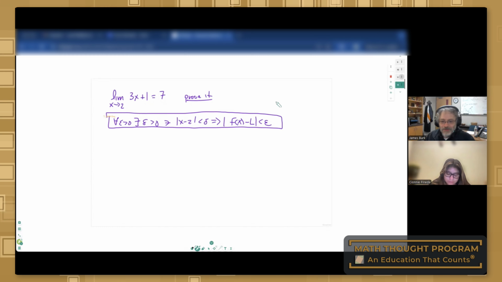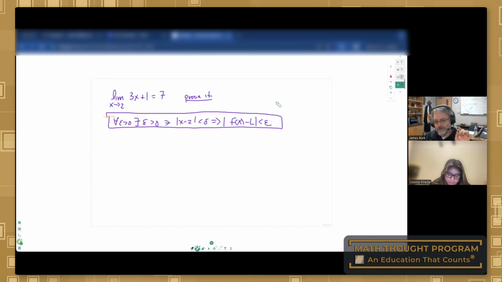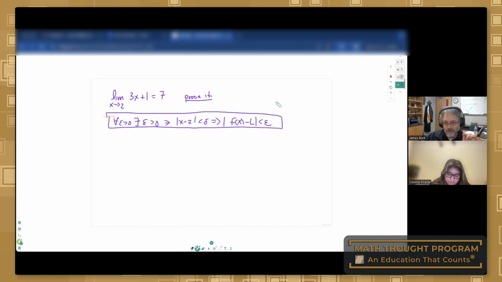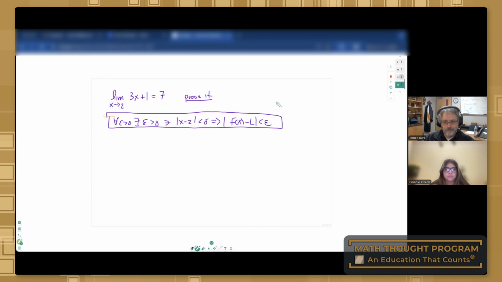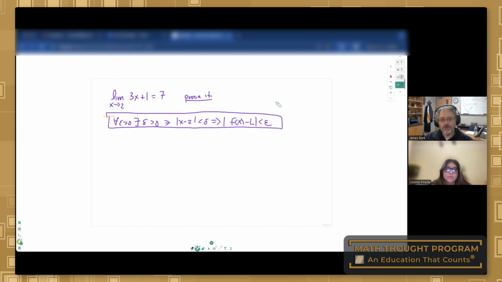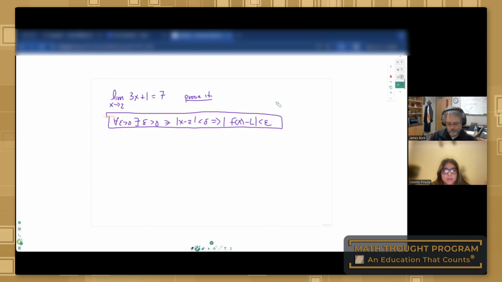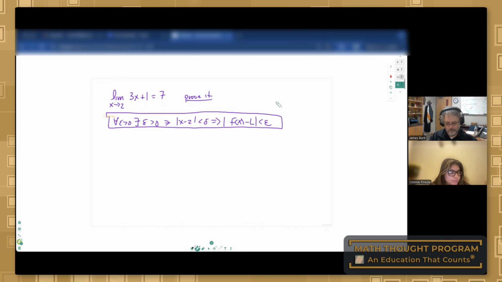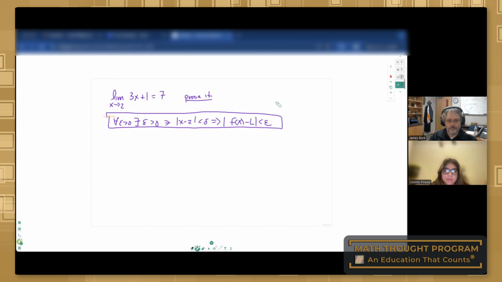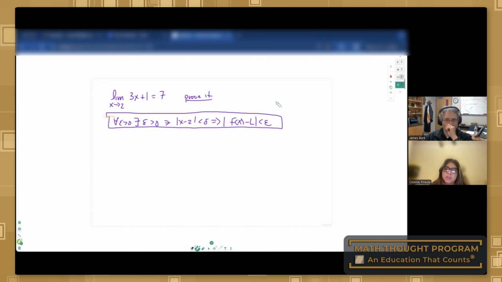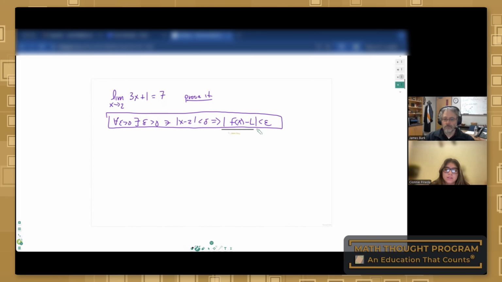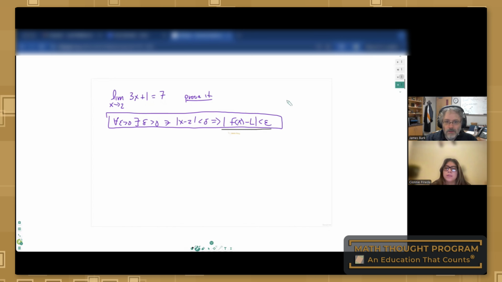So how would you approach this in terms of a linear function? What's your starting spot? Maybe starting with the right side, kind of like filling in those blanks.